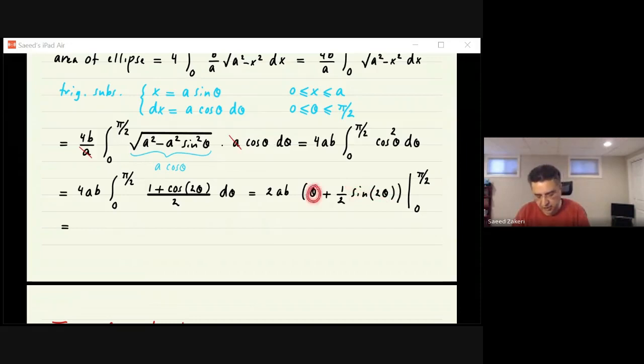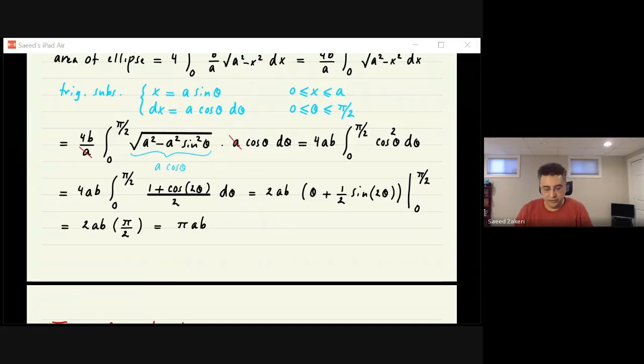I will just get pi over 2 from this factor. And then when I plug in 0, this will be 0, and this will be 0, so I won't get anything. So the total effect is just having a pi over 2 here. That's the only surviving term. And this will be pi ab.